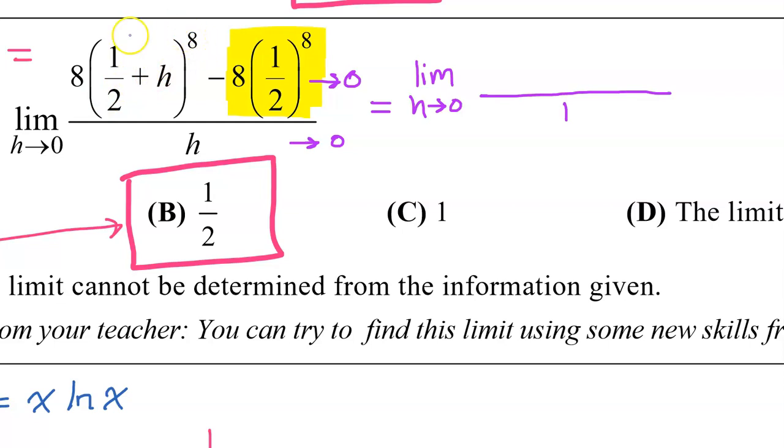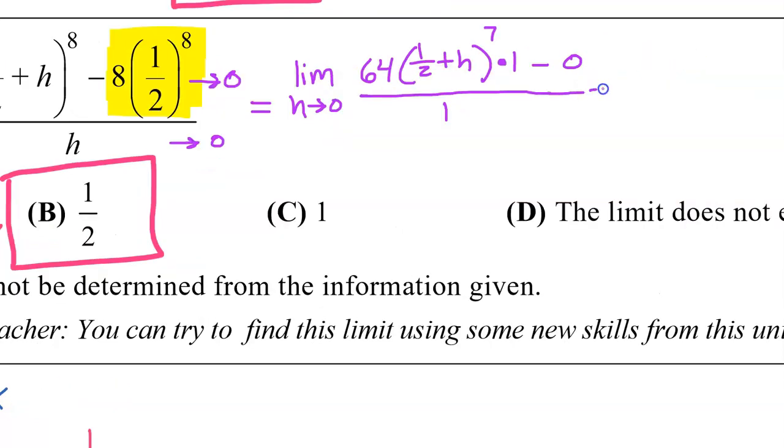So the derivative of the outer function, 8 times 8 is 64. You reduce this by 1, so that's 7. And we have the 1/2 plus h for now. And then we multiply by the derivative of the inner part. But the derivative of 1/2 is 0, and the derivative of h is 1. So I would just be multiplying by 1. And then this entire yellow part is a constant, so the derivative of this is just 0.